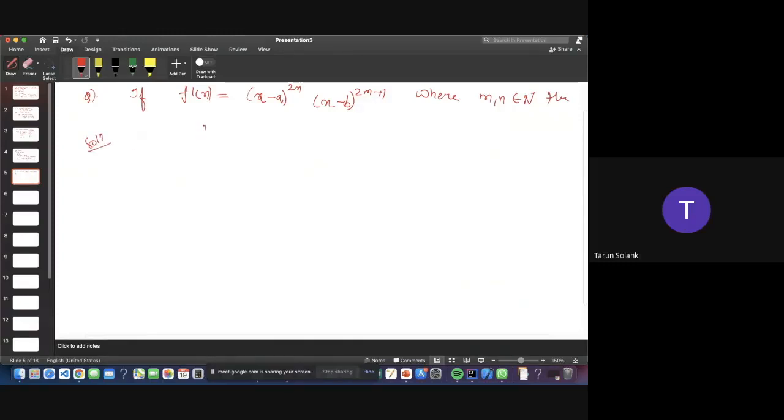So we have our function f dash x is equal to (x minus a) power 2n times (x minus b) power 2m plus 1.